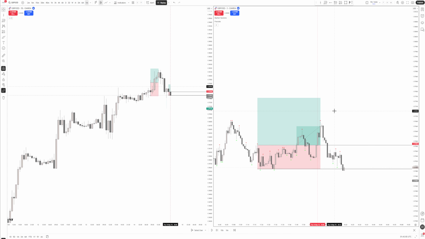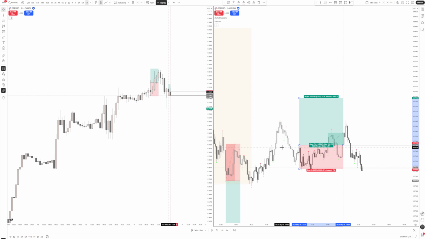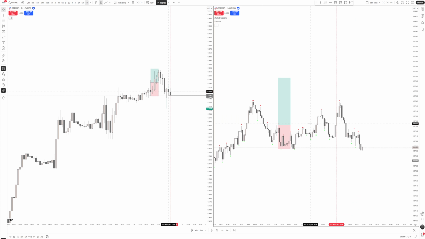So here is a prime example of me entering halfway through the current candle, and we got stopped out. Based on this, so far we have to make sure that we do not enter a trade halfway through the candle formation. We need to wait for a fresh one to open.